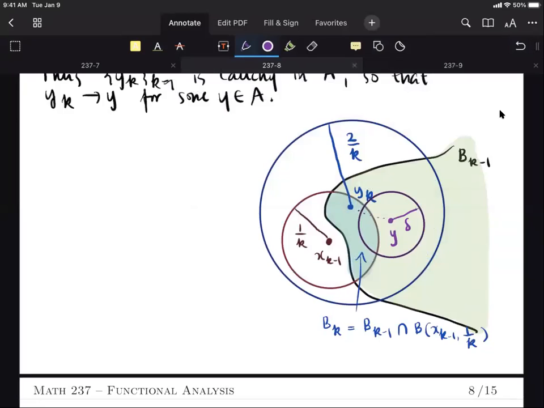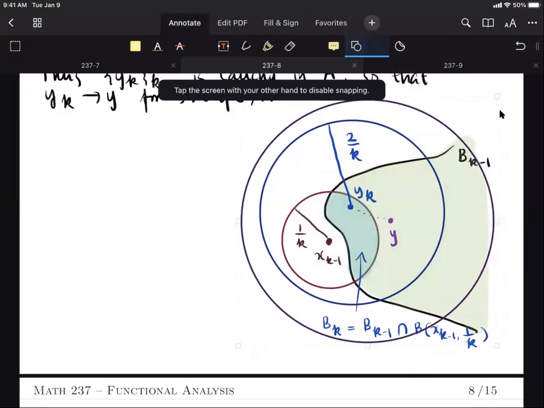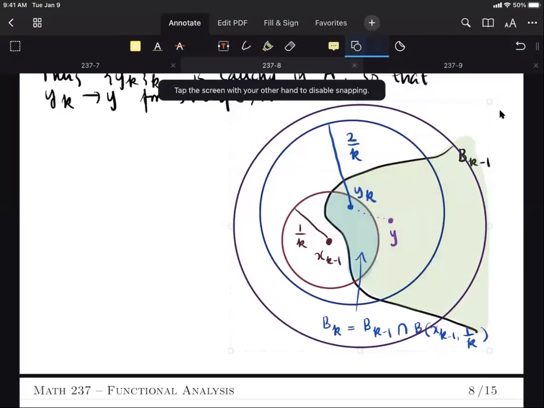And what is this delta? This delta can be large. Okay, so let us consider a larger ball. So the ball can be quite large. And let's do something like this.